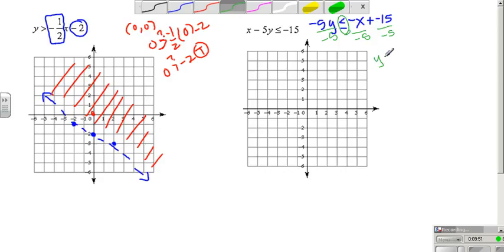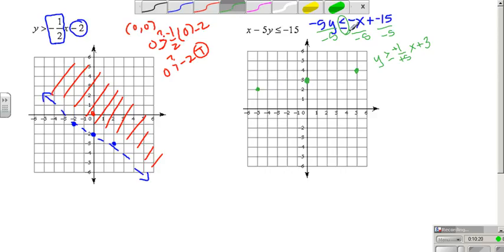So I'm going to have y is greater than or equal to negative 1 over negative 5 x plus negative 15 divided by negative 5 is positive 3, and negative over negative is a positive. So I go to 3, I go up 1, right 1, 2, 3, 4, 5, or I can go down 1, 1, 2, 3, 4, 5.